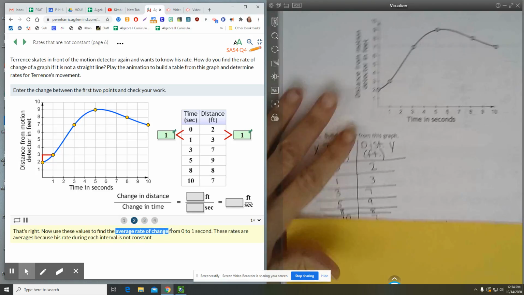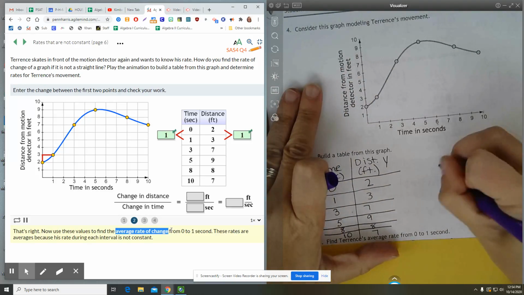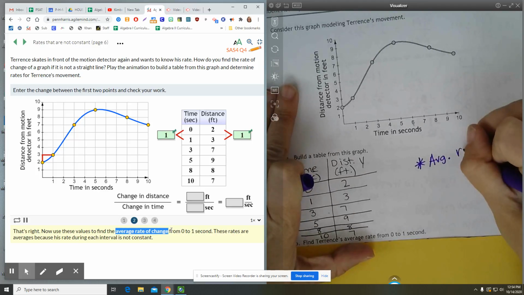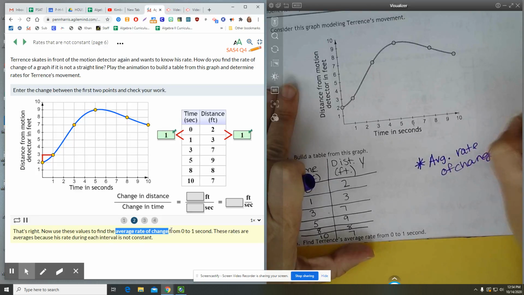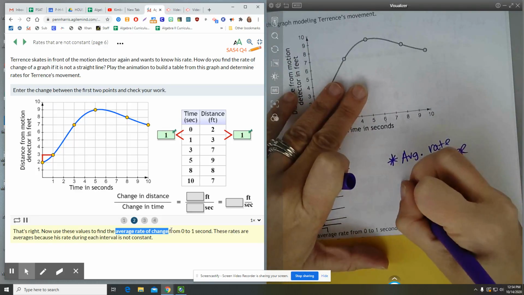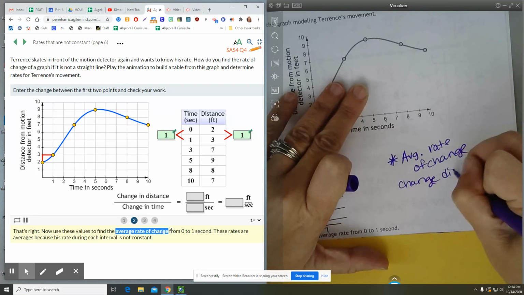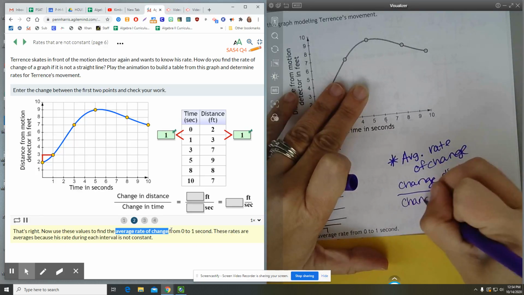Now, one thing I want us to note when we talk about average rate of change. What does that really mean? That means our change in distance divided by our change in time.